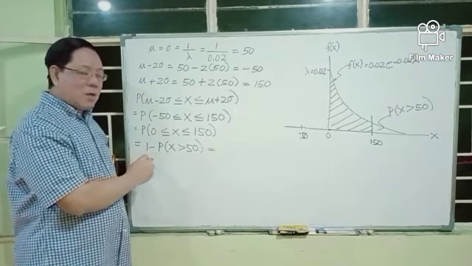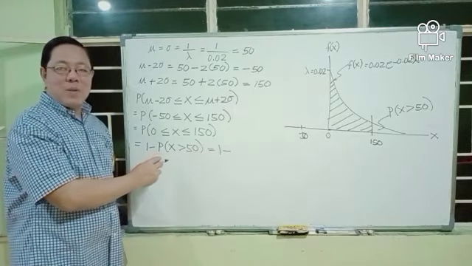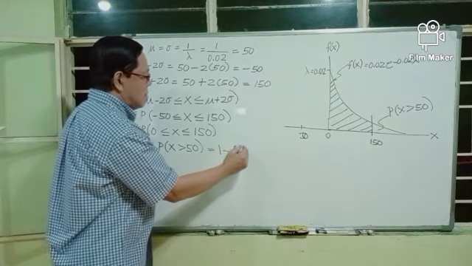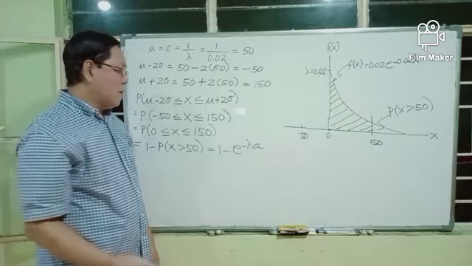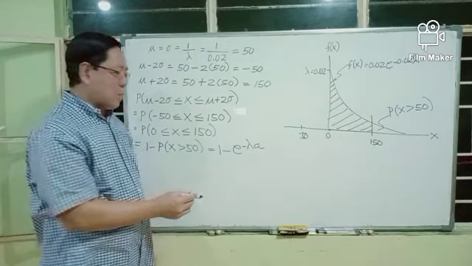And 1 minus that probability, by the right tail probability, is 1 minus e to the minus lambda A, where A now is 150 and lambda is 0.02.